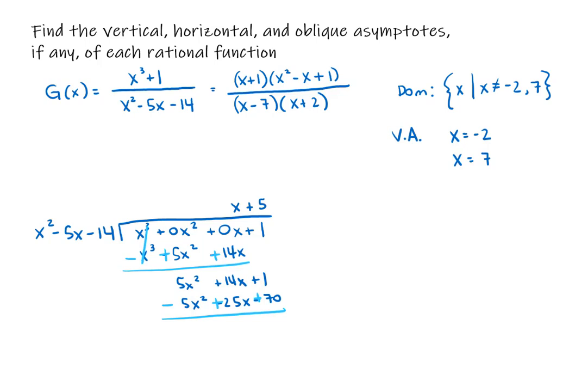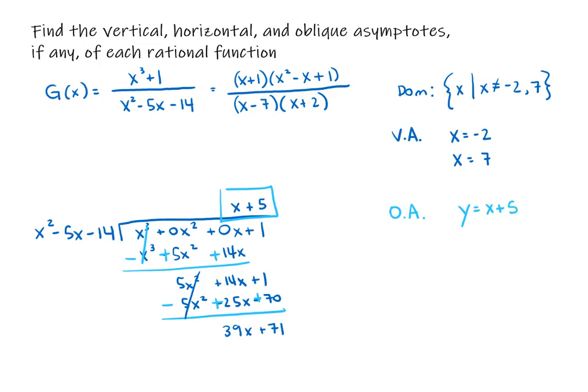And I'm left with 39x plus 71. Those first terms canceled out. So this is my quotient when I do polynomial long division. Therefore, my oblique asymptote is at y is equal to x plus 5.